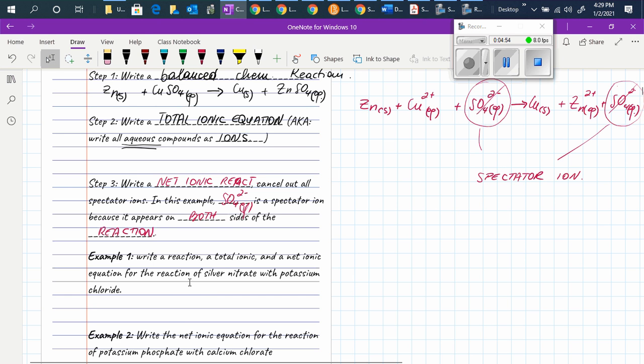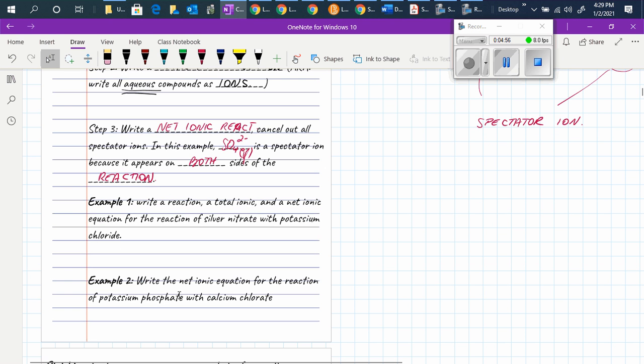Okay, so now let's work on this example. Let's write a total ionic reaction and a net ionic reaction for the reaction of silver nitrate with potassium chloride. So in this case, as always, when we are working with net ionic reaction, we'll start with a balanced chemical reaction.